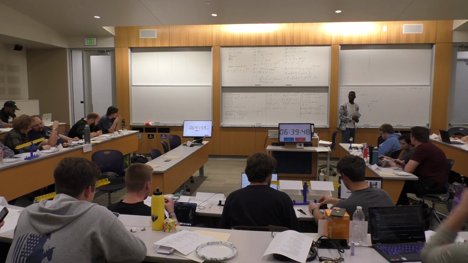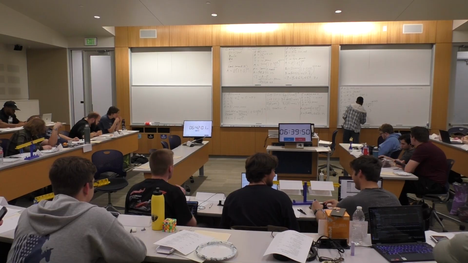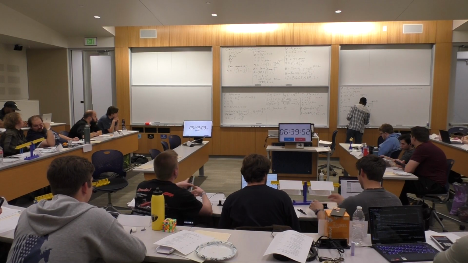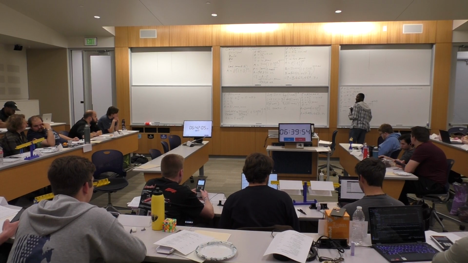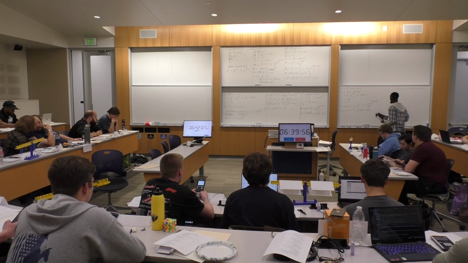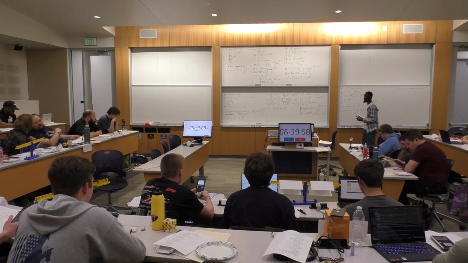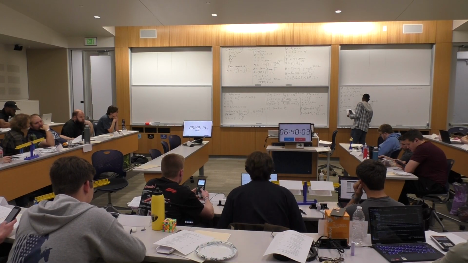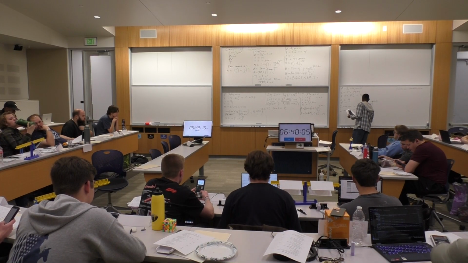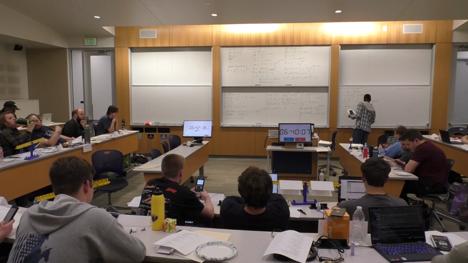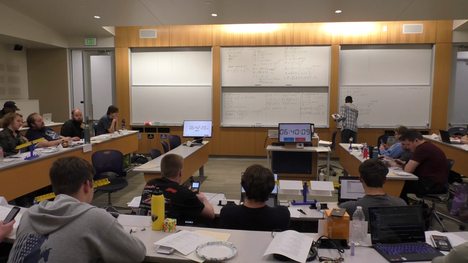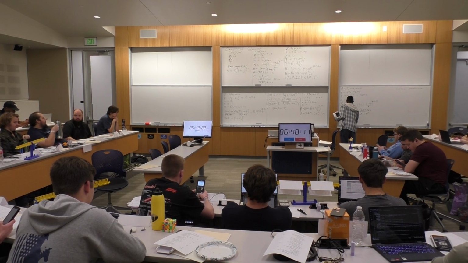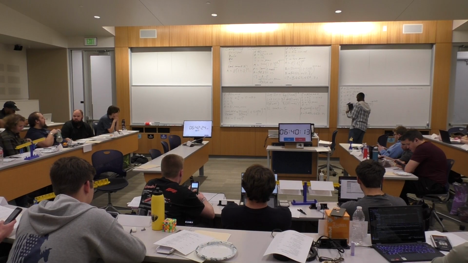How many of us got the same thing? 68.376. Correct. Okay, now at this point you make P the subject. That's dividing both sides by the coefficient of P, which is 68.376.